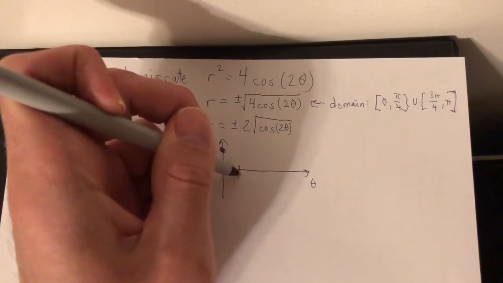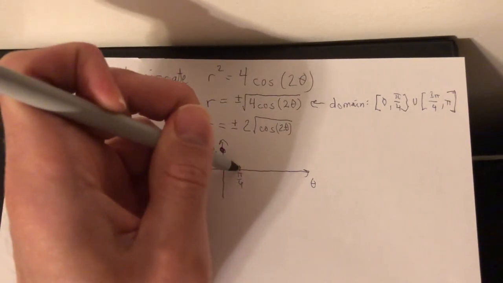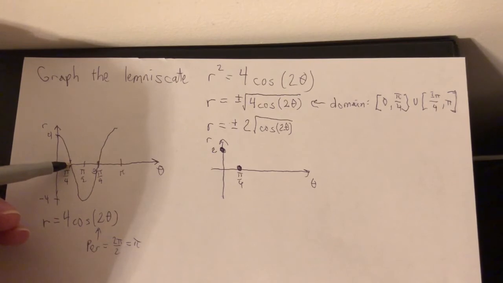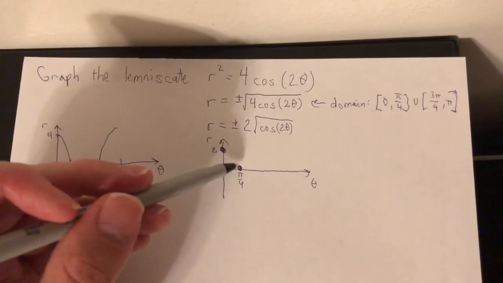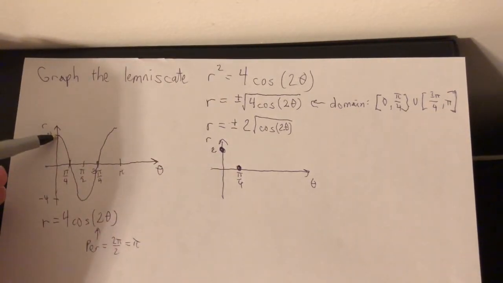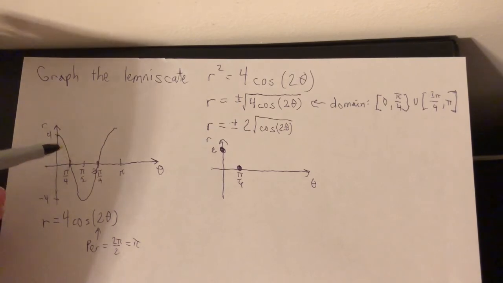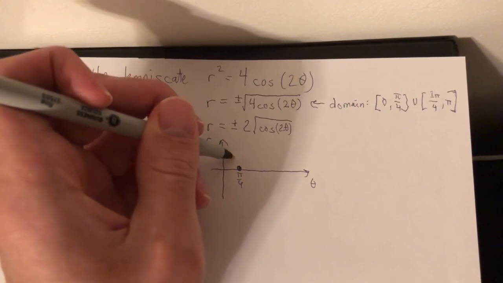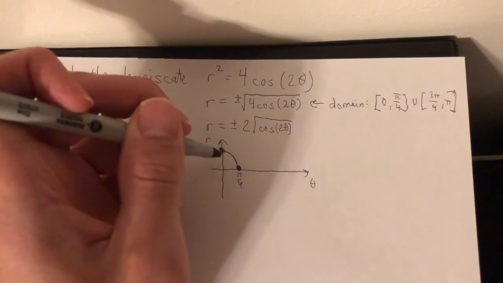And likewise at pi over 4, I've got r equals 0. If I take the square root of 0, I'm going to get 0. So instead of decreasing from 4 down to 0, when I take the square root, I'm going to be decreasing from 2 down to 0.